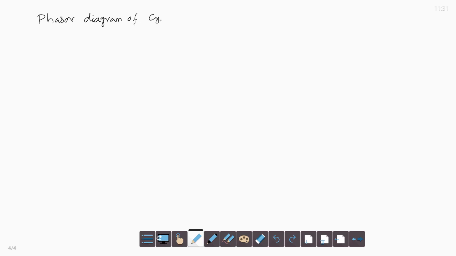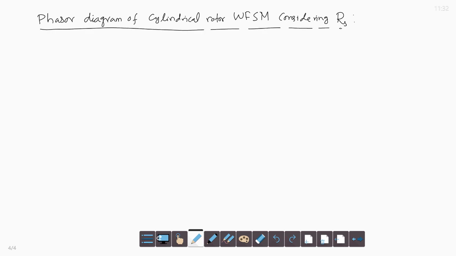Phasor diagram of cylindrical rotor wound field synchronous machine considering stator resistance Rs. So, we have the applied voltage V. Let us draw the phasor diagram for a leading stator current Is.